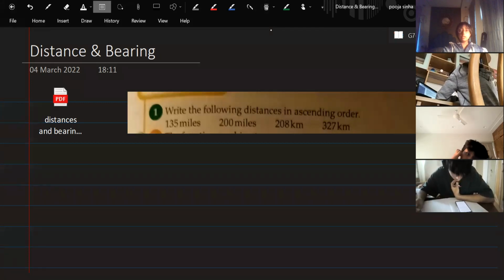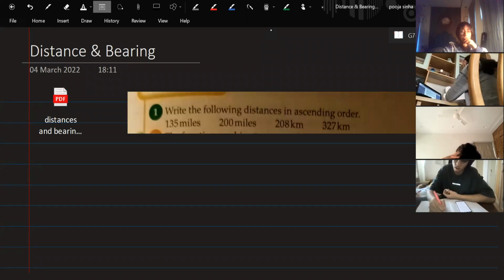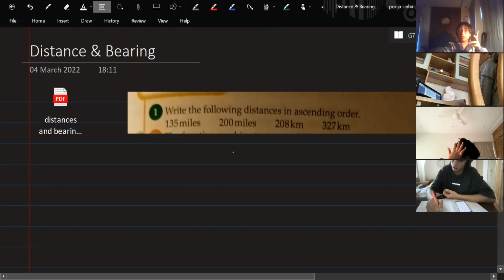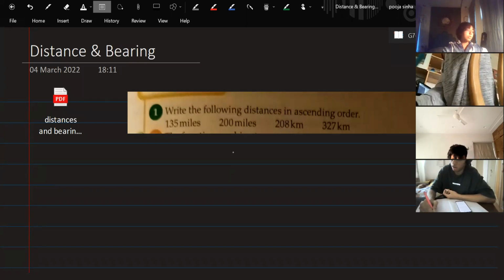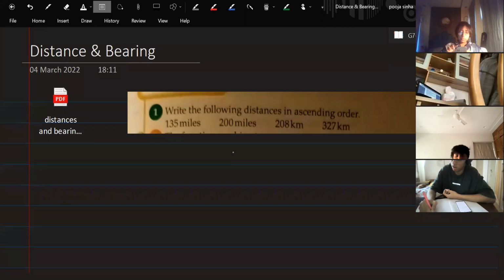Okay. So can you tell me the conversion between miles and kilometers? I forgot. So 1 kilometer is 100 miles. You can check and tell me. Tell me the conversion.